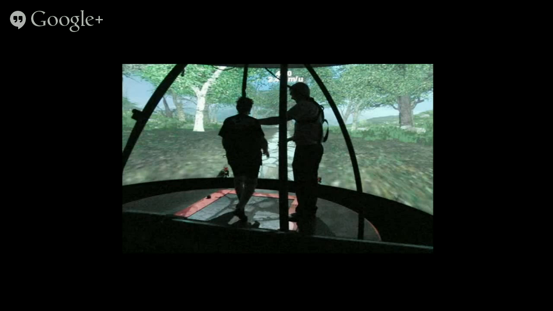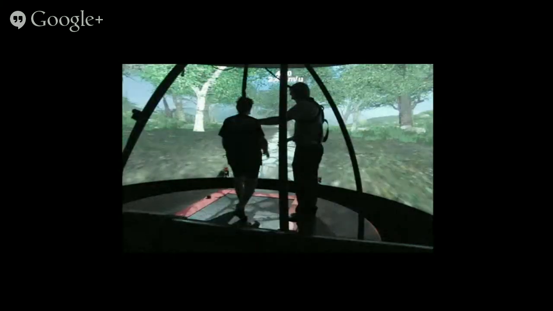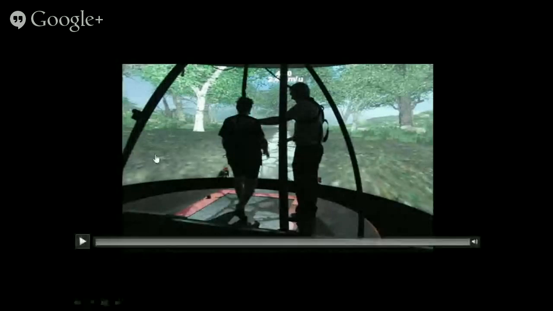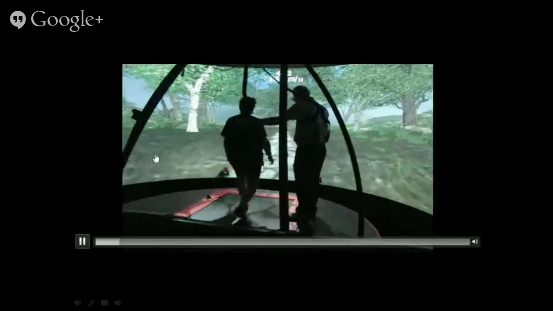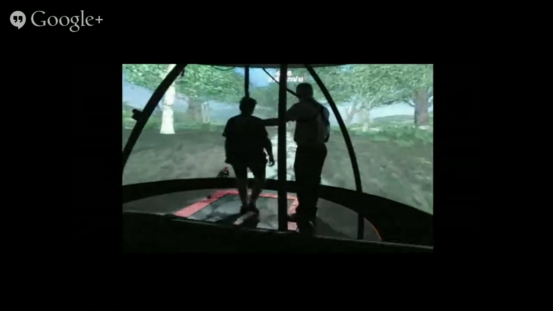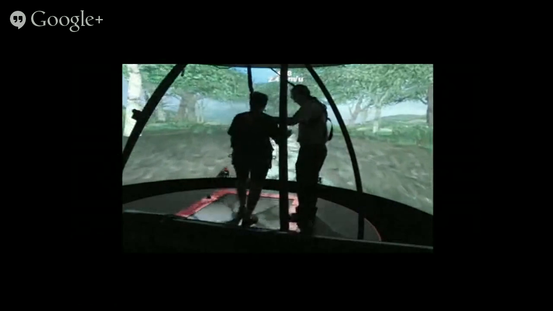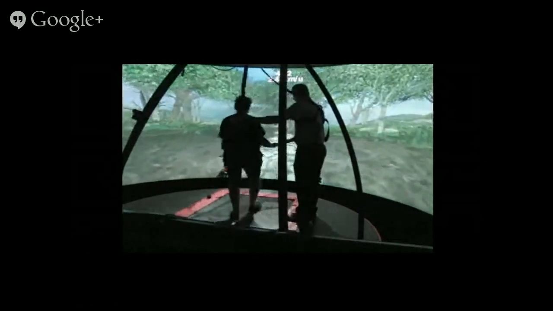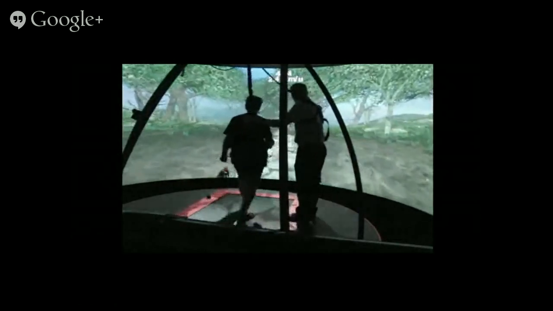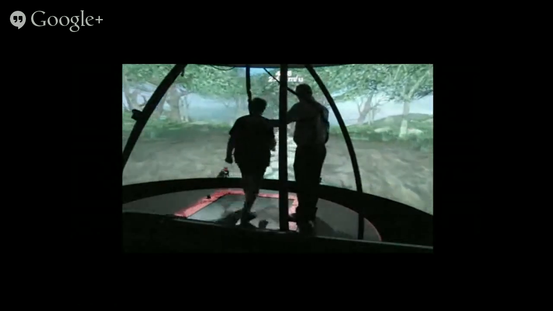Finally, this is an example of the kind of visualization that is possible. This is a stroke patient walking with my colleague Andy Kerr, and they're walking through a wood, and it does feel very normal and natural when you're there, surprisingly immersive.